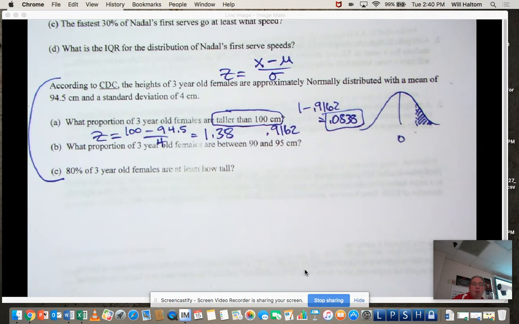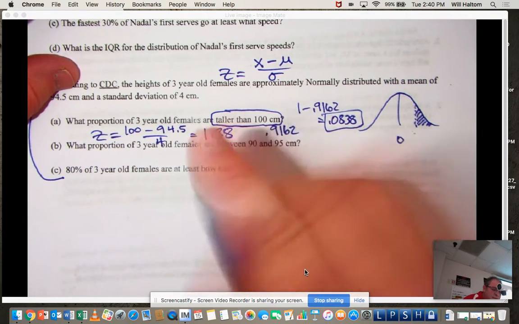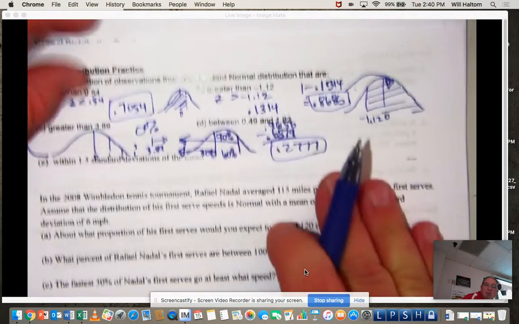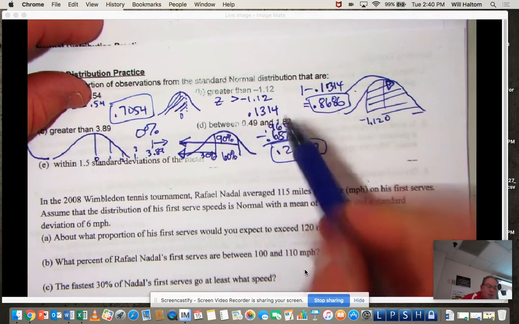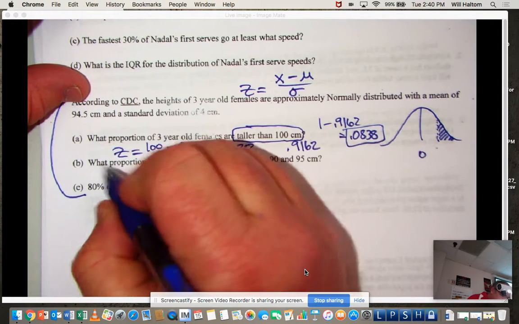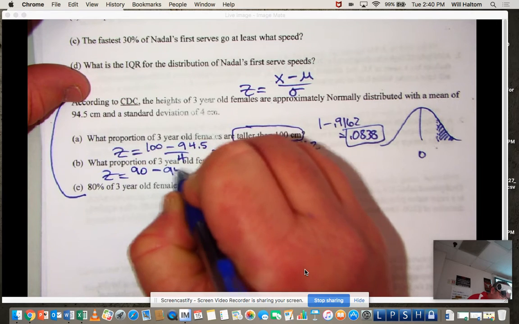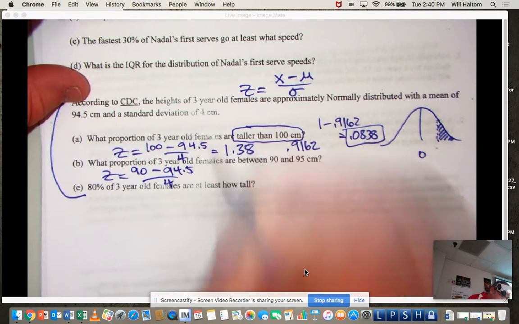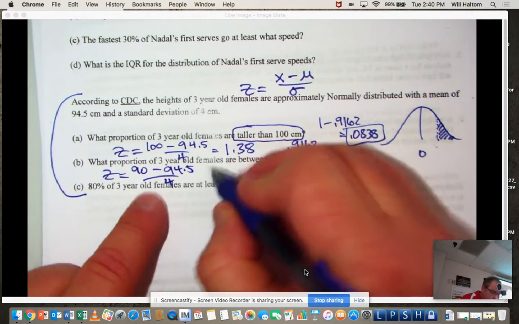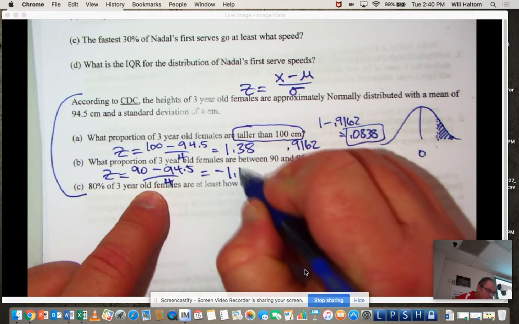And then we look at what proportion of 3-year-old females are between 90 and 95. Well, that's sort of like this question up here that we just did between these two values. So the first thing I'm going to need to do is find the z-score for each of them. 90 minus 94.5 over 4, which is negative 1.13.